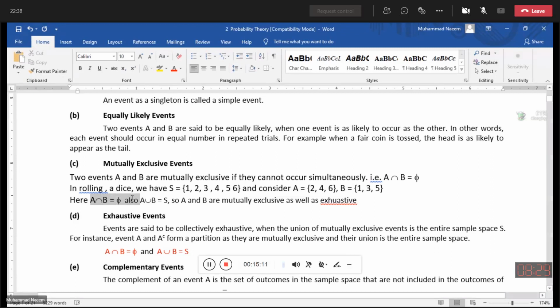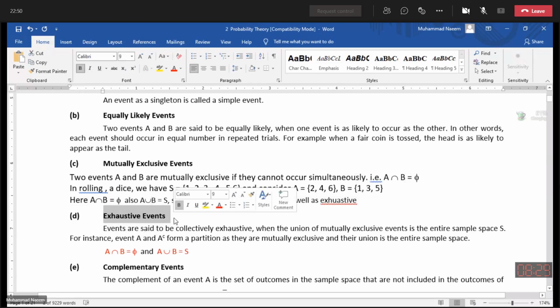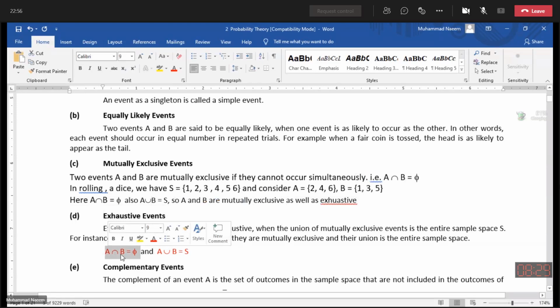But if they have one more condition, that their union is the whole sample space, then they are called exhaustive. So exhaustive events have two conditions. One, that they are mutually exclusive. Another, that their union is the whole sample space.